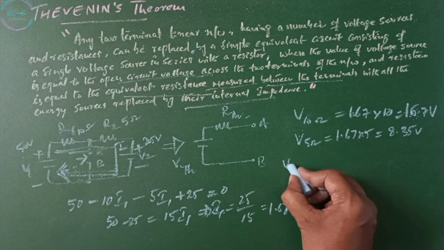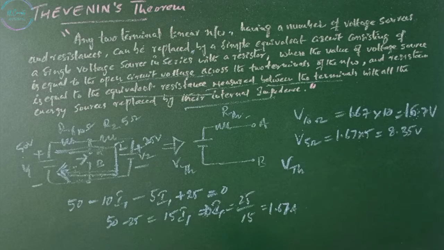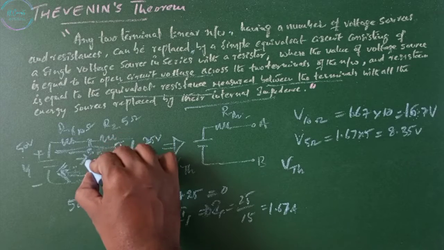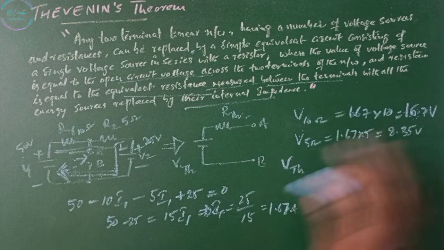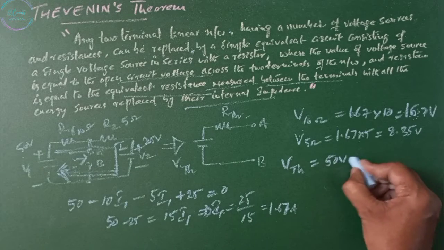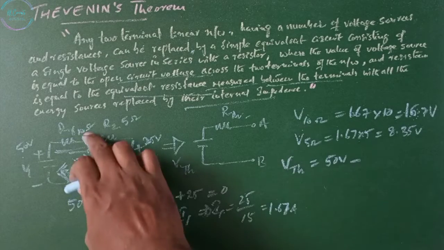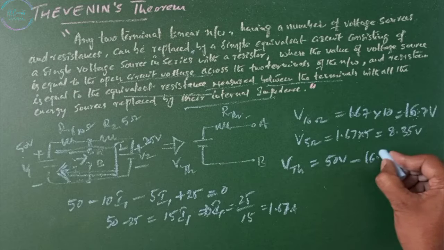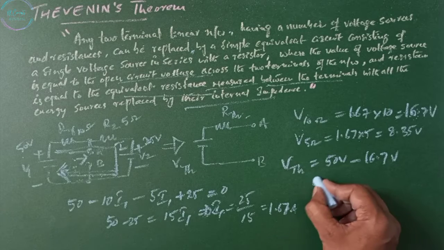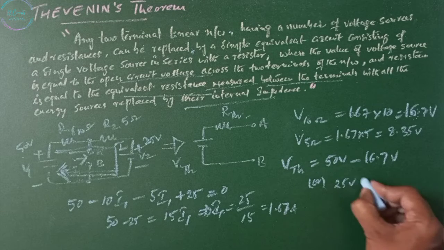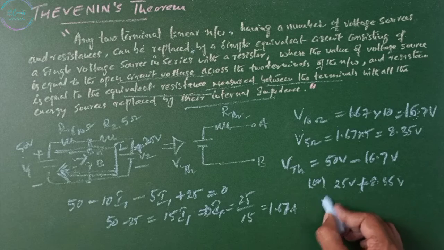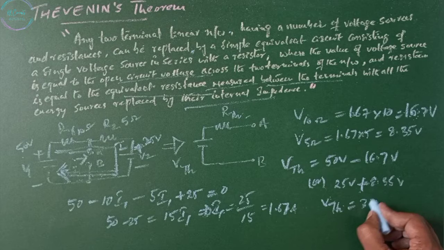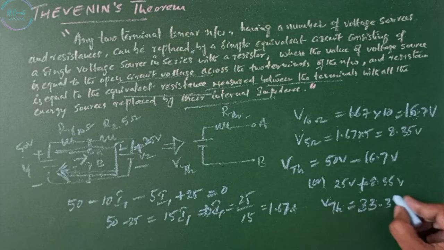Find out the VTH, or the voltage across the terminals A and B, the open circuit voltage across the two terminals of the network. That is 50 volts minus the voltage across 10 ohms, that is 16.7 volts, or 25 volts plus 8.35 volts.